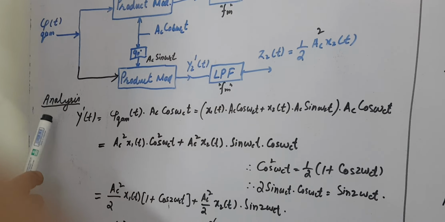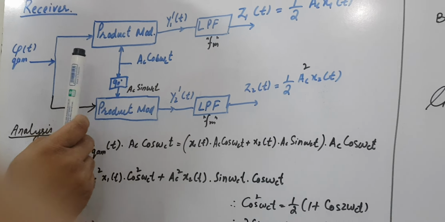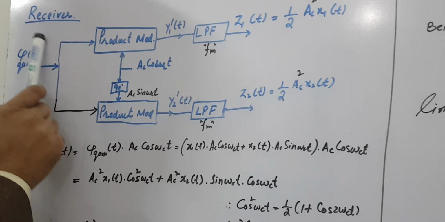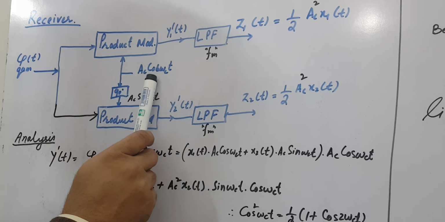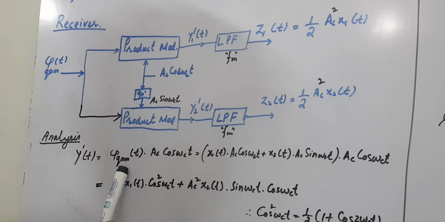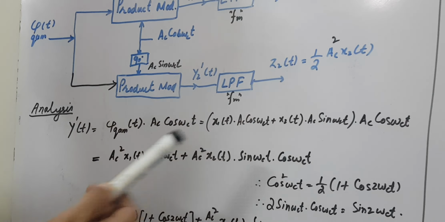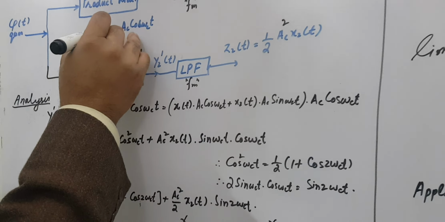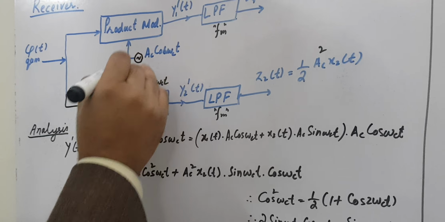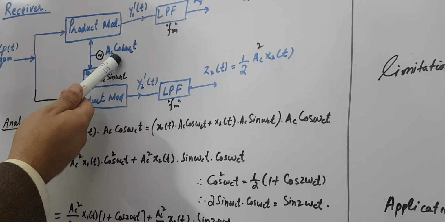So y1 bar (t) is the product of the amplitude modulated signal and Ac cos omega ct. You can have just cos omega ct, that is also good, but let's suppose we are having Ac cos omega ct.